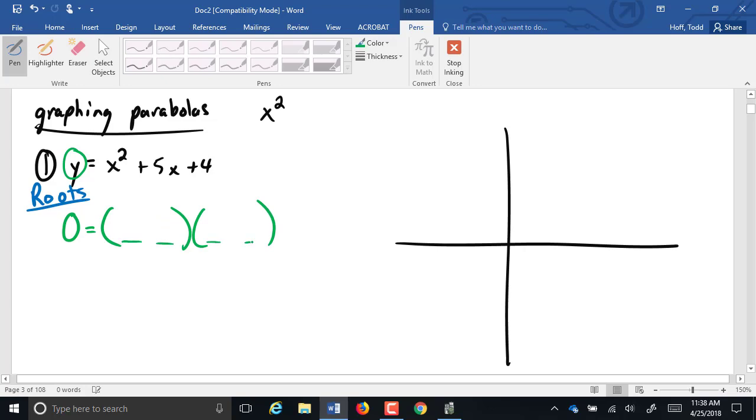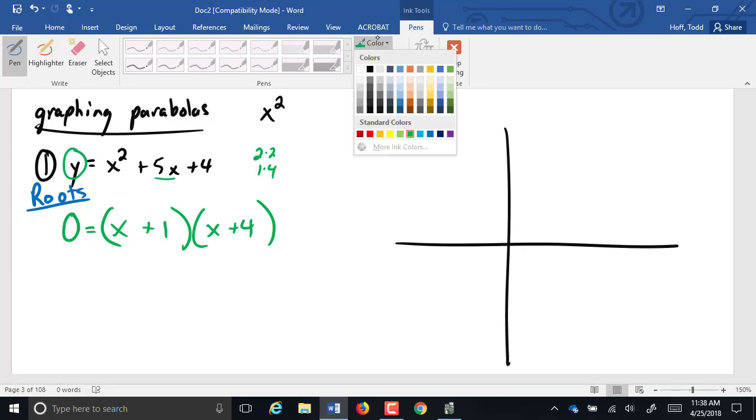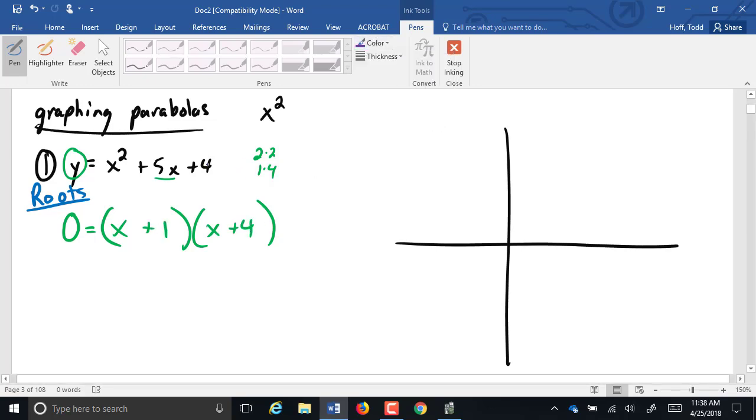So we got to see what that factors into. X squared would be x times x. 4 can either be 2 times 2 or 1 times 4. We see it's got to add up to 5, so we're going to try that 1 times 4. So plus 1 and plus 4. We're going to double check it to make sure that gives us that proper center term.